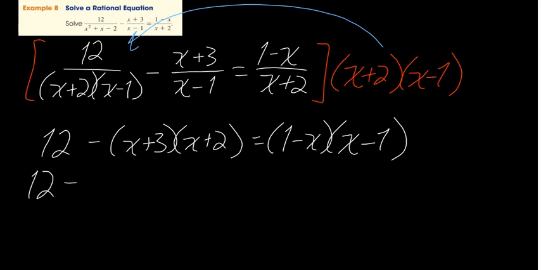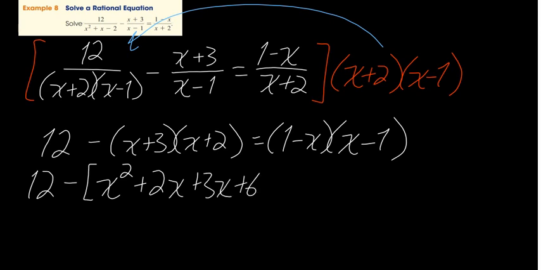And then we got minus, and then at this point, when you look at your review sections, you will recall the FOIL method, or it's just simply distributing polynomials. FOIL is specifically two binomials. So this turns into, and let's go ahead and put this in a bracket here, x squared plus 2x plus 3x plus 6.